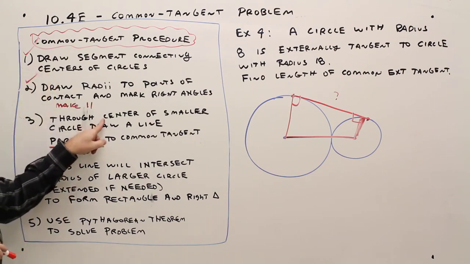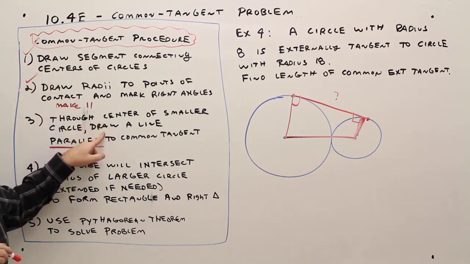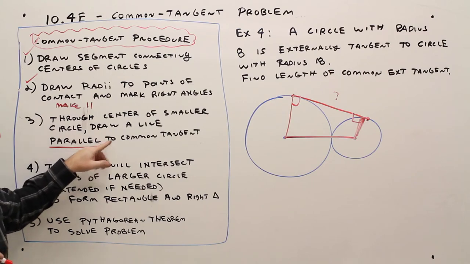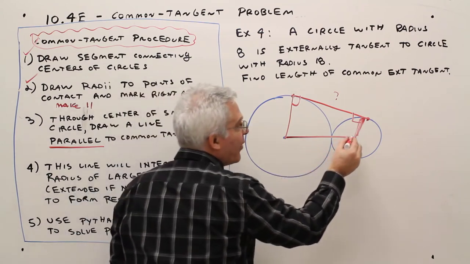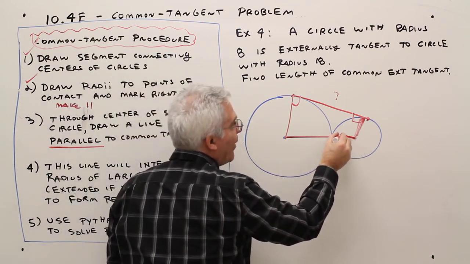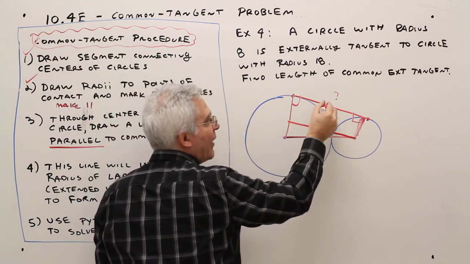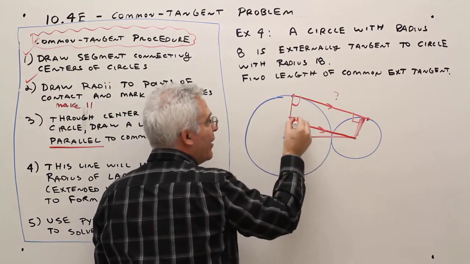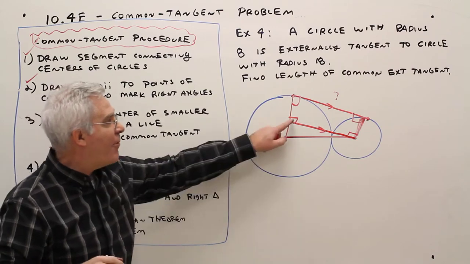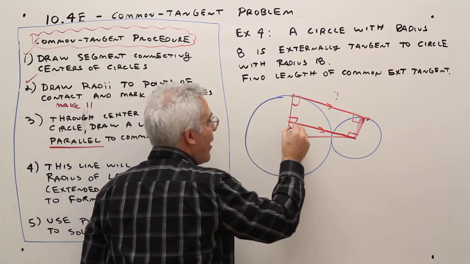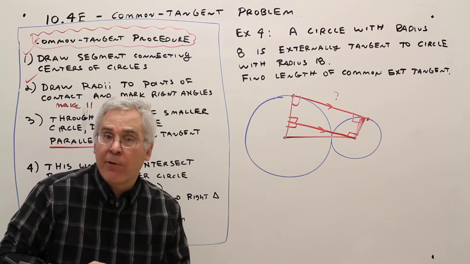Step 3, through the center of the smaller circle, draw a line parallel to that common tangent. So here's the smaller circle. Let's go parallel to that common tangent. And again, let's mark those right angles. If I have a right angle there, I have a right angle over there as well.